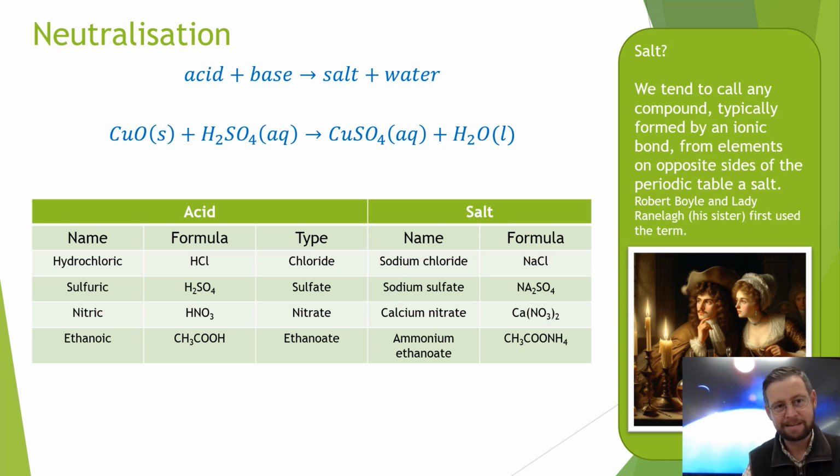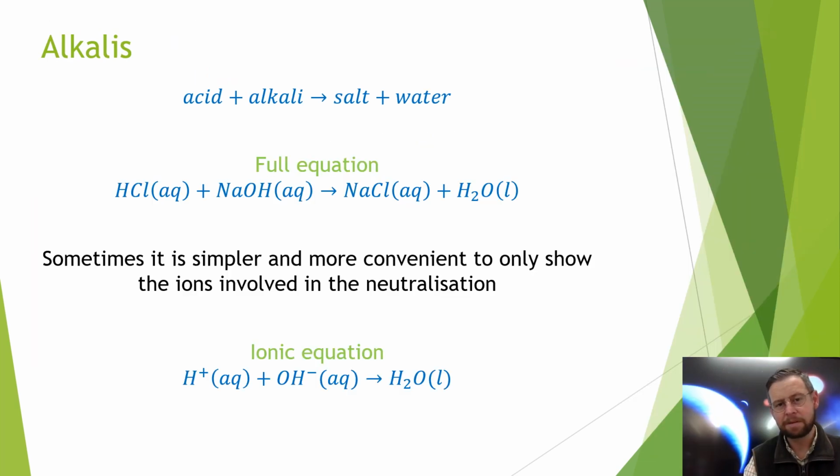More of that later. If it was true that an acid plus a base gave salt plus water, and we said that all alkalis are in fact bases, well then it's also going to be true that an acid plus an alkali is going to give salt and water. Here's a nice example. Hydrochloric acid added to sodium hydroxide produces our good old friend sodium chloride, table salt, and water.